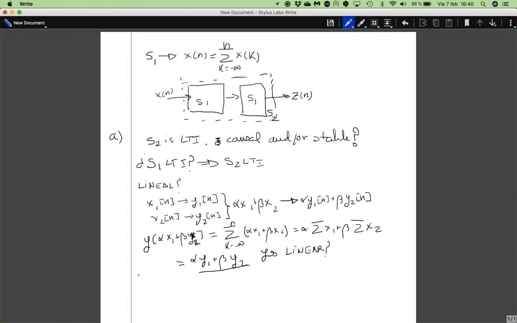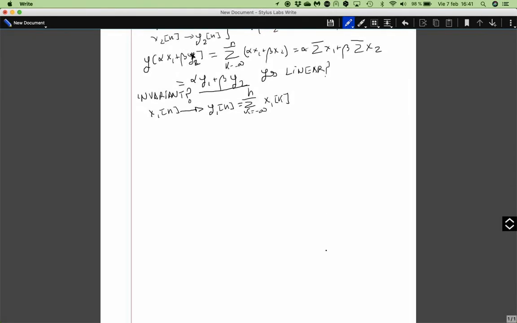Okay, let's check now if it is invariant. When the system is invariant, so very easy, if we have an input x1[n], and because of this input we get an output y1[n], which again we know is the summation from k equals minus infinity to n of x1[k].